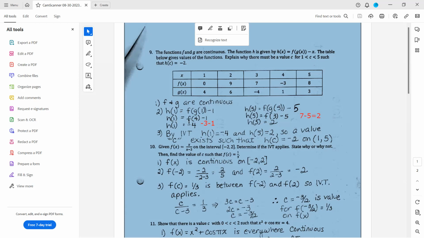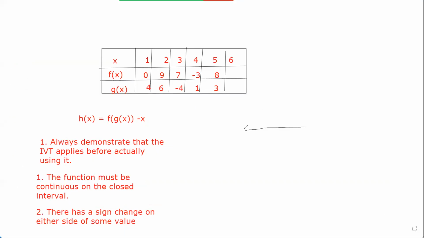-2. Why is that? Now notice it didn't say 0, did it? No, it didn't. Not here. It says -2. This is between -4 and 2. So what this is basically saying is that whatever this function looks like, whatever h looks like, remember we're looking at the outputs, right?